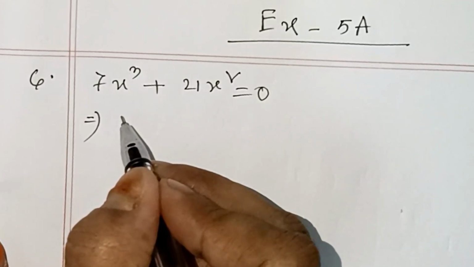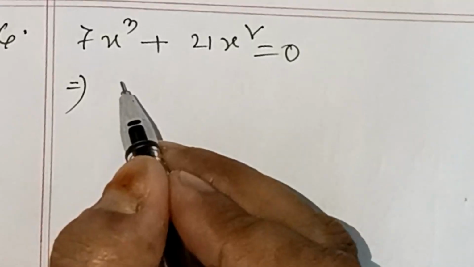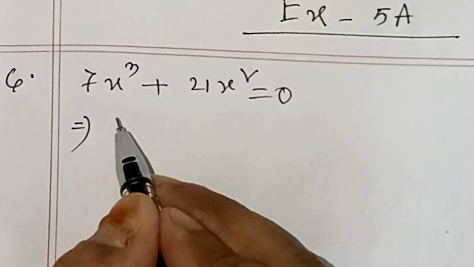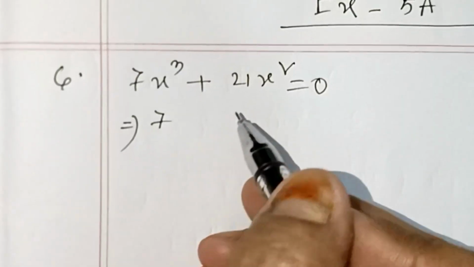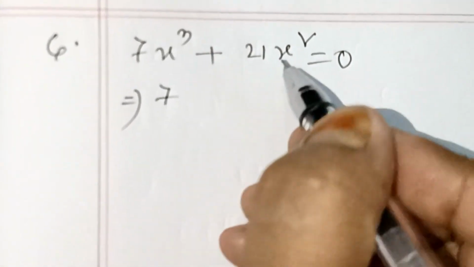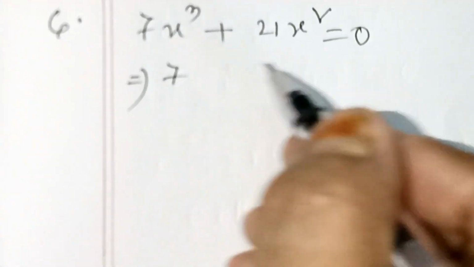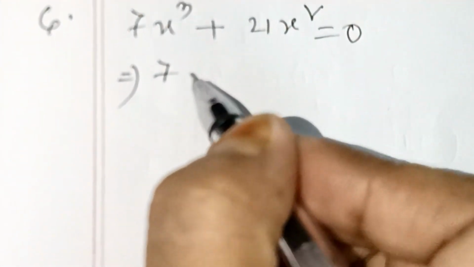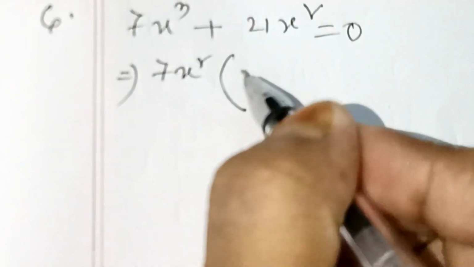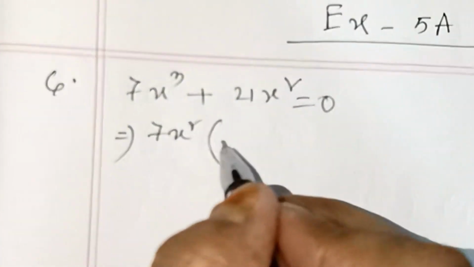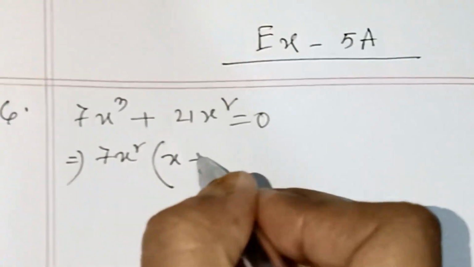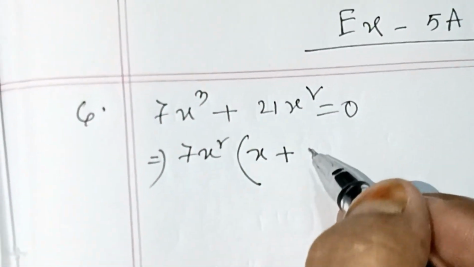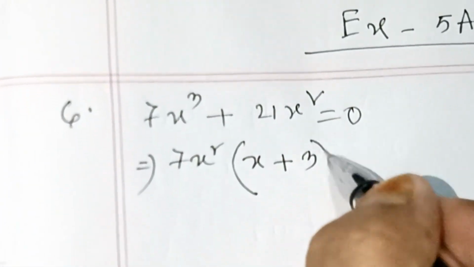So factorize this. 7 and 21 are numbers, so common here is 7. So 7 is common, and s square and s cube are variables, so common here is s square. 7s cube divided by 7s square, that means s, plus 21 divided by 7, that means 3.